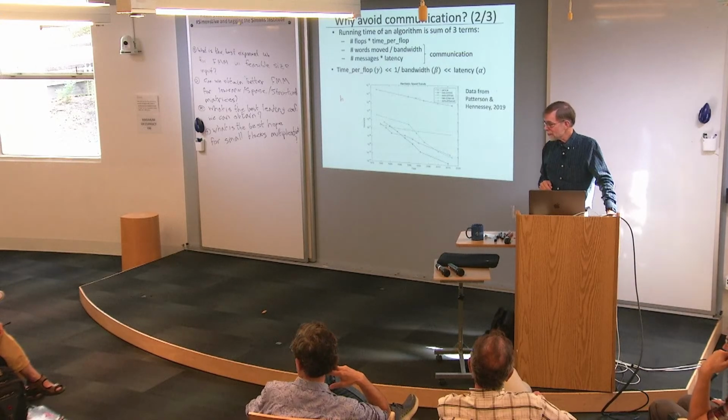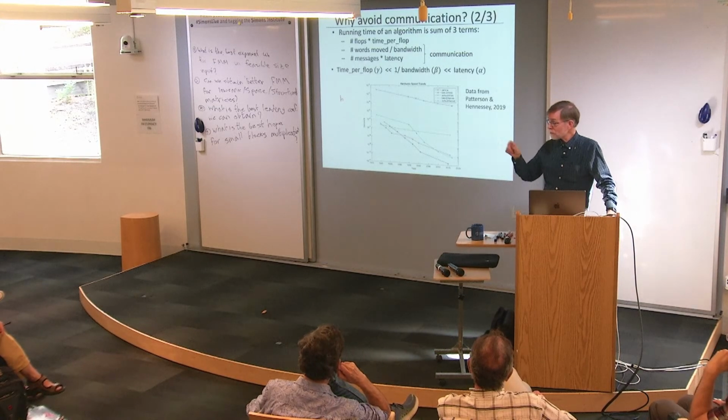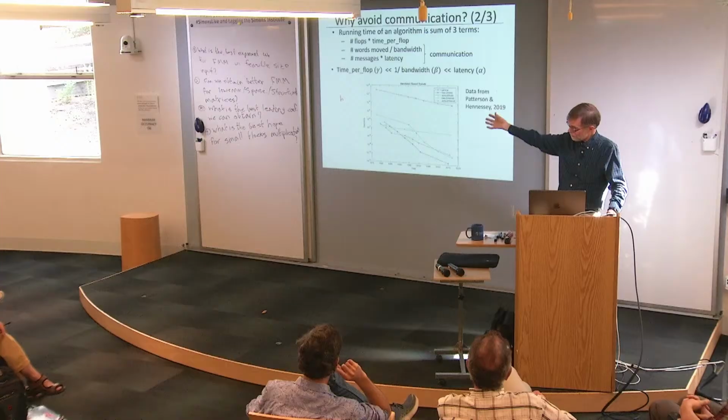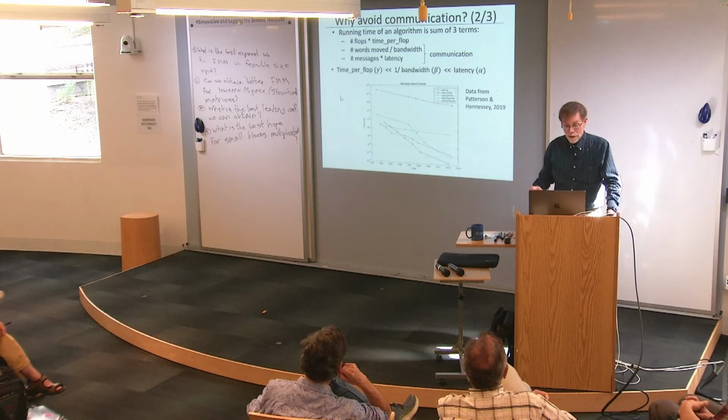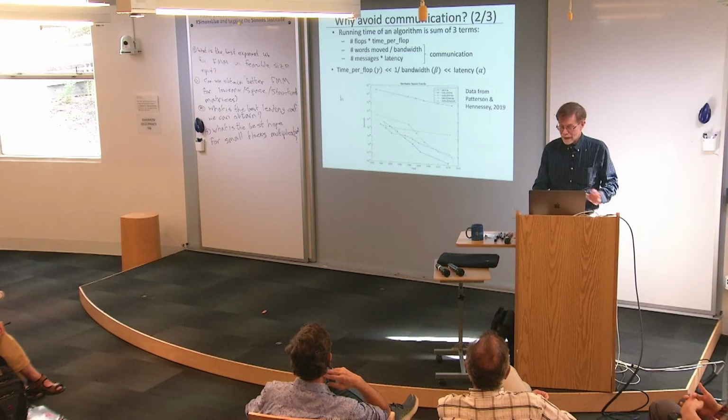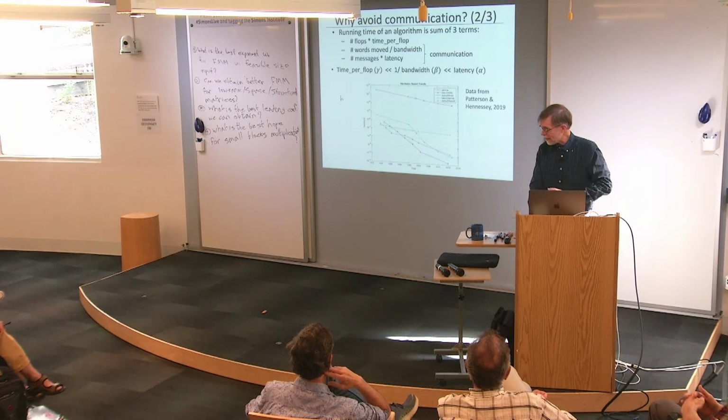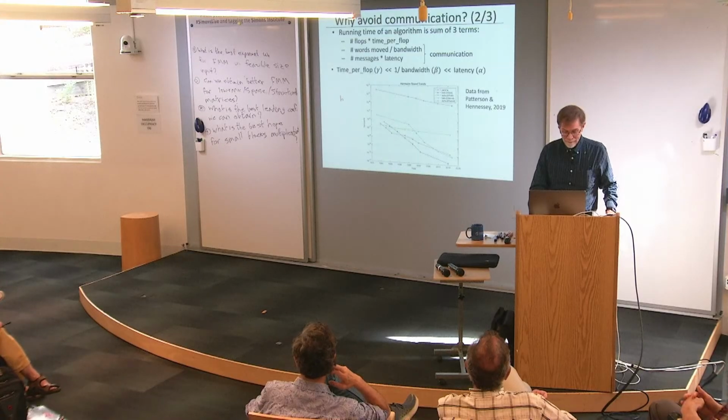And the overall cost before the final processor, all those words arrive, is the latency. So the cost of sending a message, I'm going to write this down in the next slide. So let me just get there.